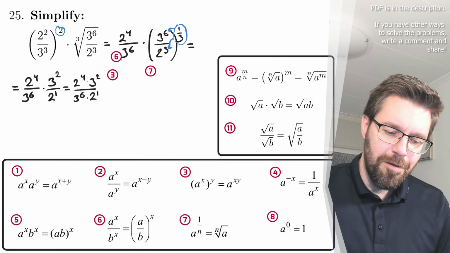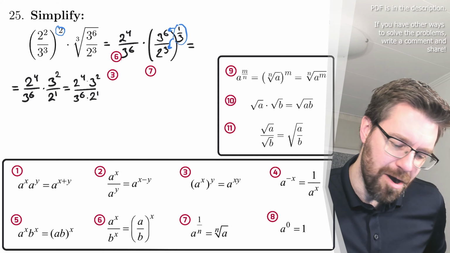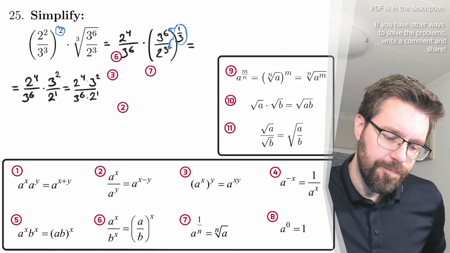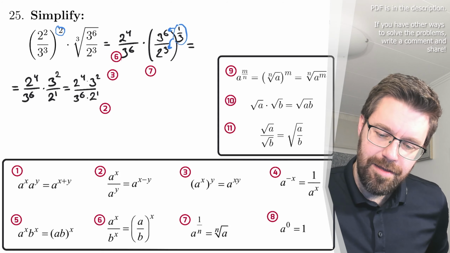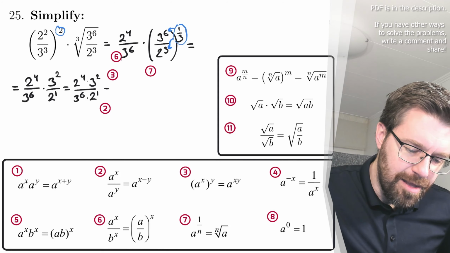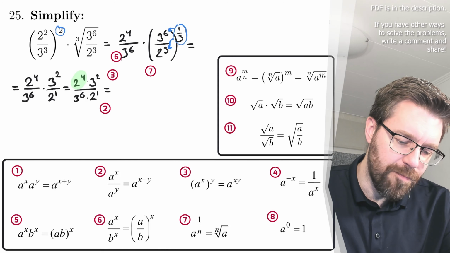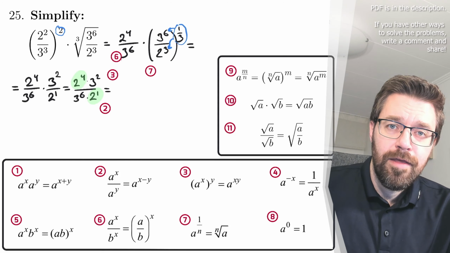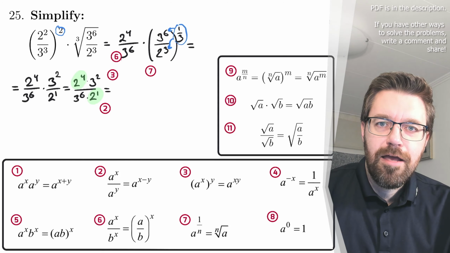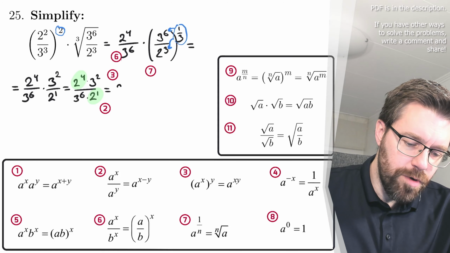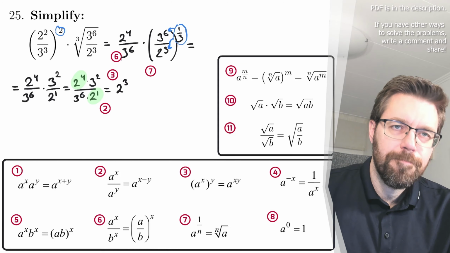And then we can use rule number 2 and write this a little easier. So, with 2 raised by 4 and 2 raised by 1, then we subtract the exponents, and then we have 2 raised by 3.